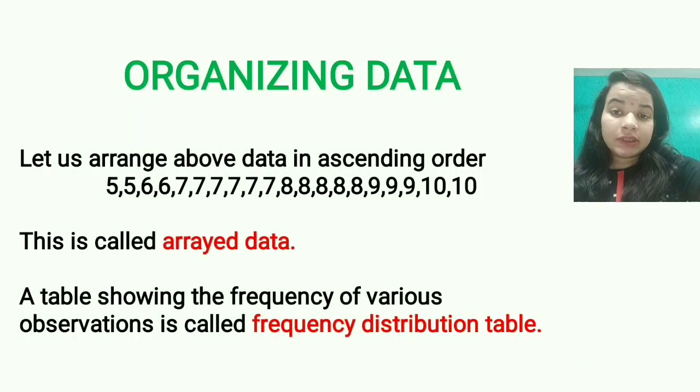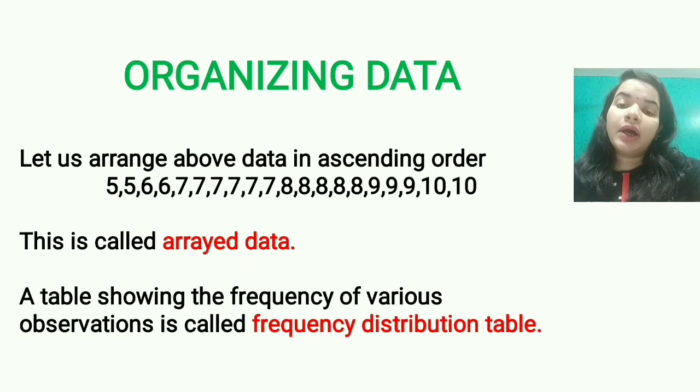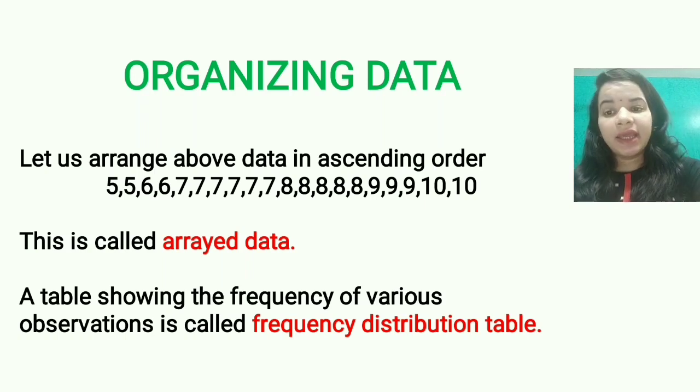Now moving further, how to organize such data, how to organize raw data. Considering the same example, first of all what you have to do, you will arrange the data in ascending order. Okay, the data arranged in ascending order is known as arrayed data. What it is known as? It is known as arrayed data.